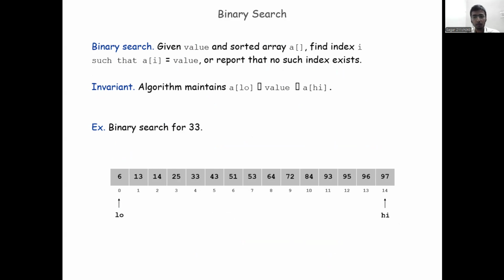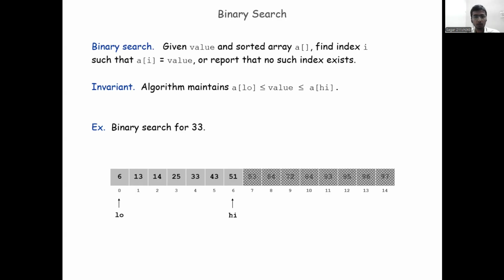Middle index is (low plus high) by 2, that is (0 plus 14) by 2, which is equal to 7. So we get that our key, that is 33, is less than 53. So key is less than mid, right? So we are considering the left part of the array. For that, we have to do high equals mid minus 1.